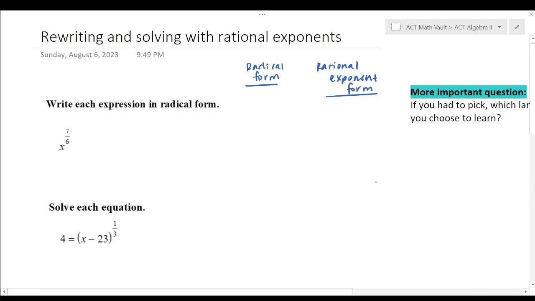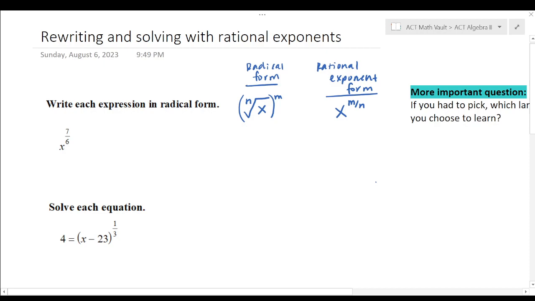Radical form looks like this. It would be the nth root of x, and then the whole thing to the mth power. If I put that in rational exponent form, it would be x to the m over n.